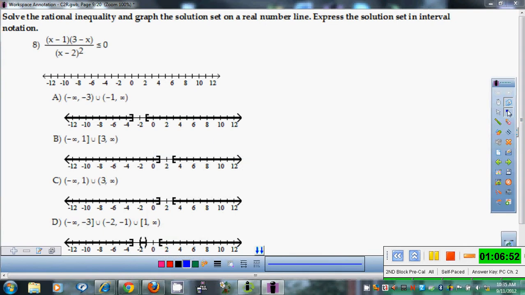It's D. Why do you think that? Okay, so you went ahead and saw that the positive 1, 2, or 3 were your spots to check. 1, 2, 3. And what was the first thing you plugged in? 0.